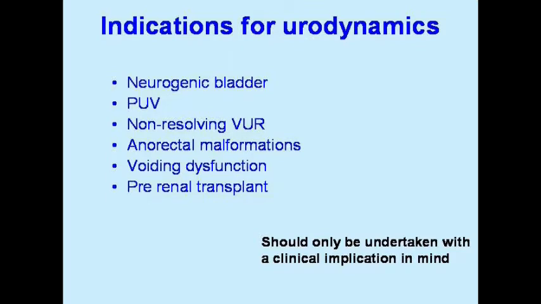A severe refluxer, anorectal malformation, the neurogenic bladder in the high anorectal malformation group, a select group of patients with voiding dysfunction who do not respond to conventional conservative management, and children who are due to have renal transplant, it's very important to recognize that the bladder needs to be a low pressure storage organ prior to putting the graft into it. We have to keep in mind that we should do urodynamics with a specific clinical question in mind.